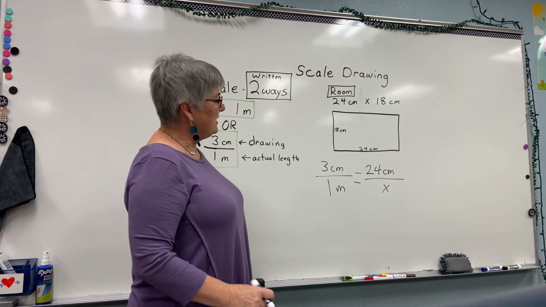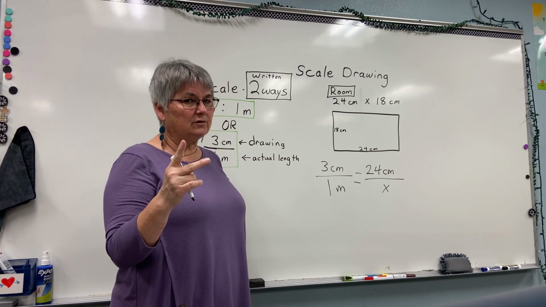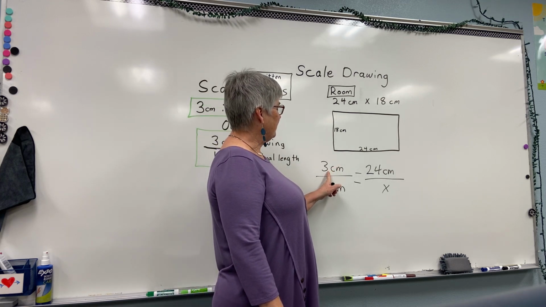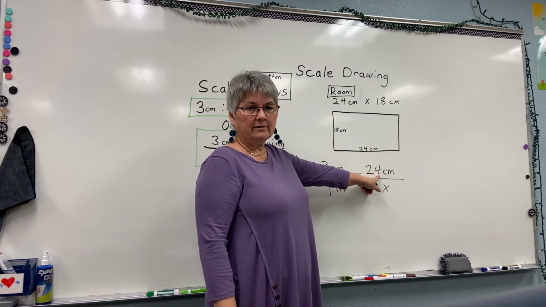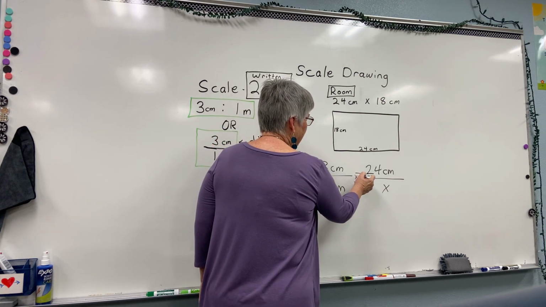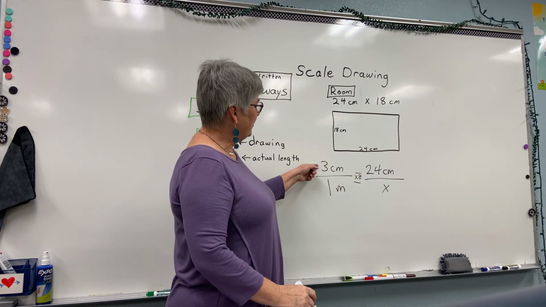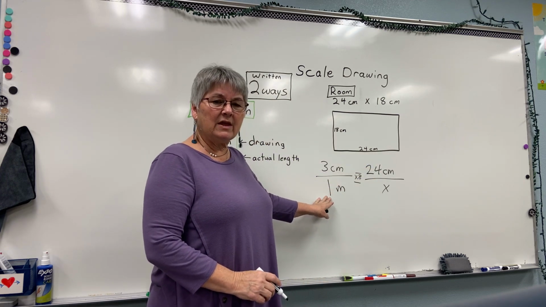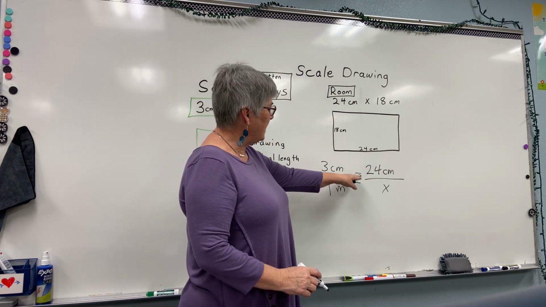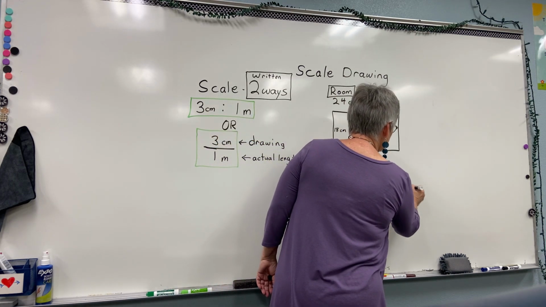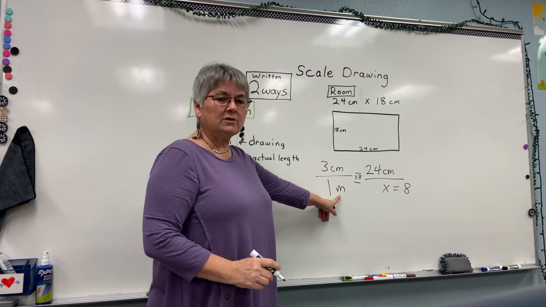So how do I do that? There's 2 ways I can do this. Here's the first way. How do I get from 3 to 24? Times 8, yes. So I'm going to put a little times 8 right here. 3 times 8 is 24. And so now I do the very same thing with the denominator. 1 times 8 is 8, yes. And this is meters.